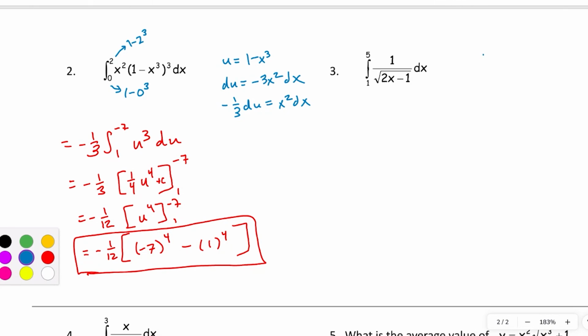Here we want u to be 2x minus 1. So du would be 2dx, although we have 1 dx, so I'm going to divide both sides by 2.